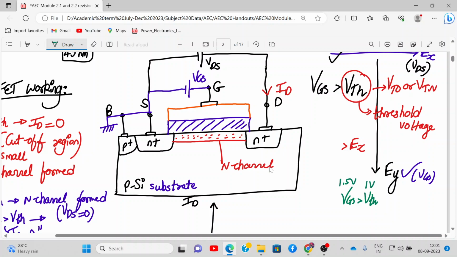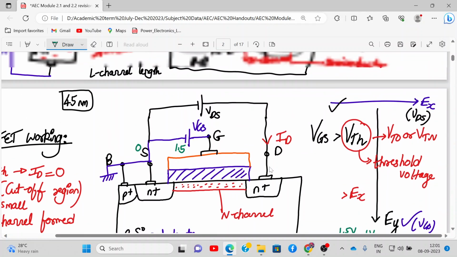So we have applied VGS as 1.5 volt. VGS is greater than VTH, so the N channel is formed. The gate voltage is 1.5 and the drain voltage is 0. Now we apply a very small positive VDS.